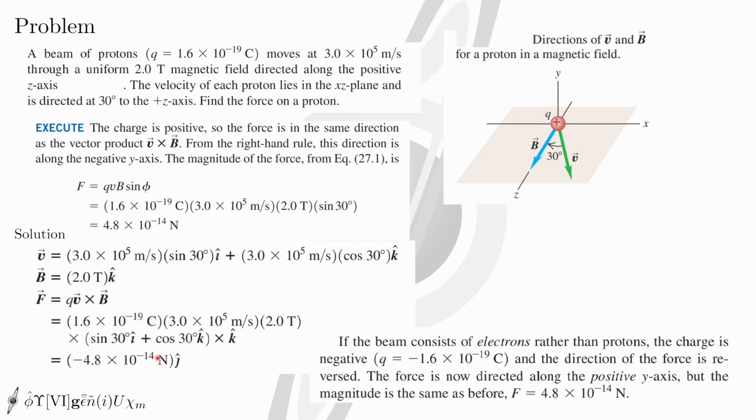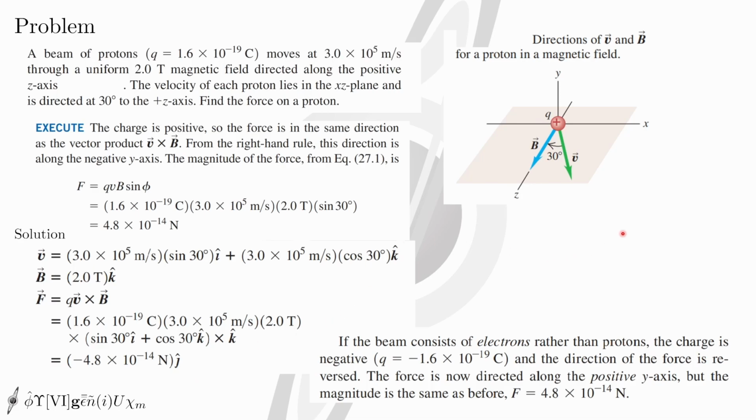And then i cross k, remember our mnemonics. i, j, k, counterclockwise is positive. So i cross k is a clockwise rotation, which would give you negative j. After you substitute this into your calculator, the answer would be negative 4.8 times 10 raised to negative 14 Newton j hat.